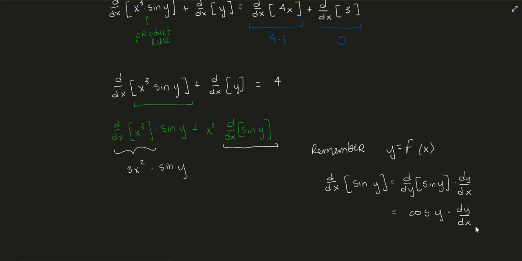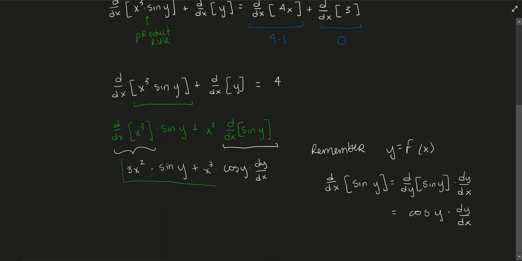So cosine y times dy/dx is going to replace our derivative factor here, and we're still multiplying that by x cubed. So this will look like x cubed times cosine y times dy/dx. And that's just for that first term, the derivative of the product.